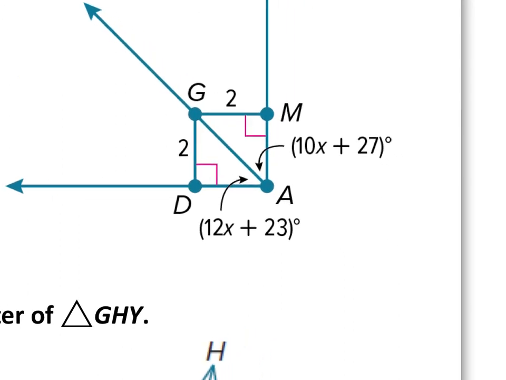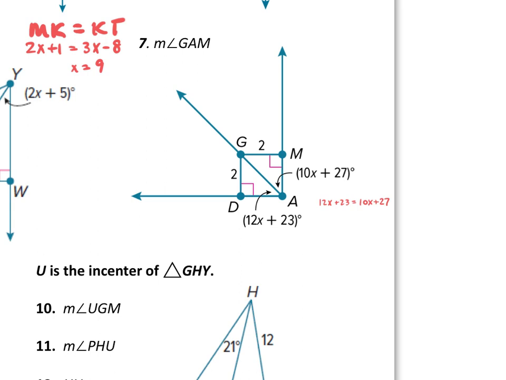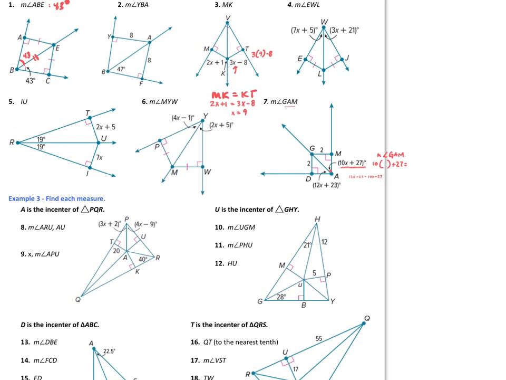So you just set that up as 12x plus 23 is equal to 10x plus 27, and you would simplify. Then you would eventually find GAM, which is this measurement right here. So we would substitute x in there, so we would have 10 times some value of x plus 27 as the measurement of angle GAM. So that's how we work through some of these problems.